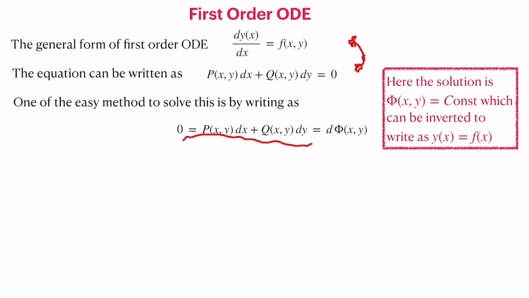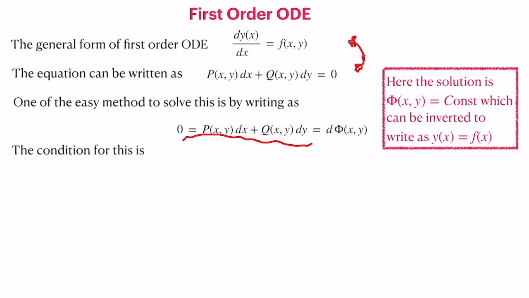In general, we may not be able to write y of x as a function of x, but this function phi of xy generally represents the solution, and sometimes we may be able to write it in the form f of x is equal to y. Otherwise, we'll have to implicitly assume phi of xy represents the solution.